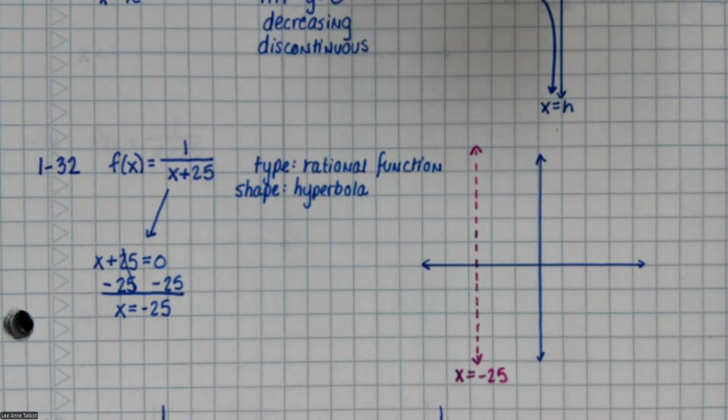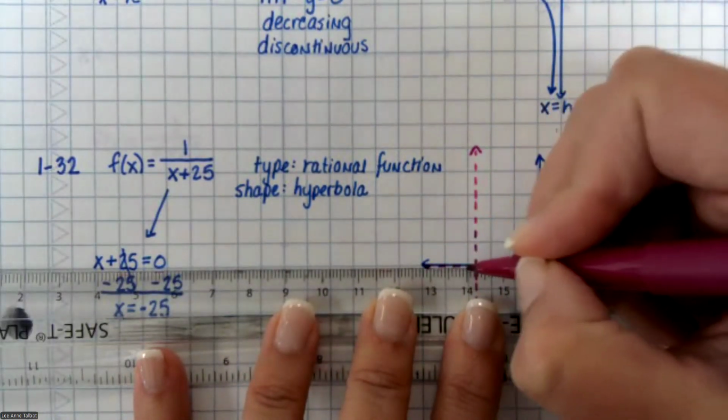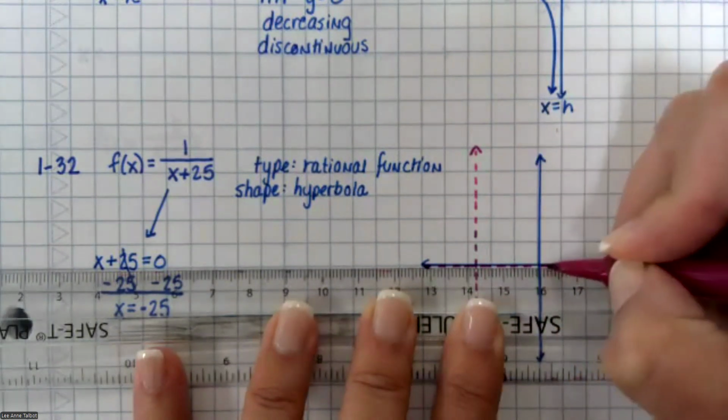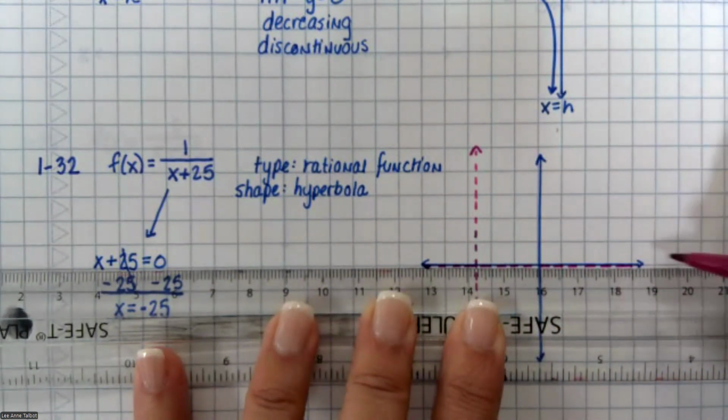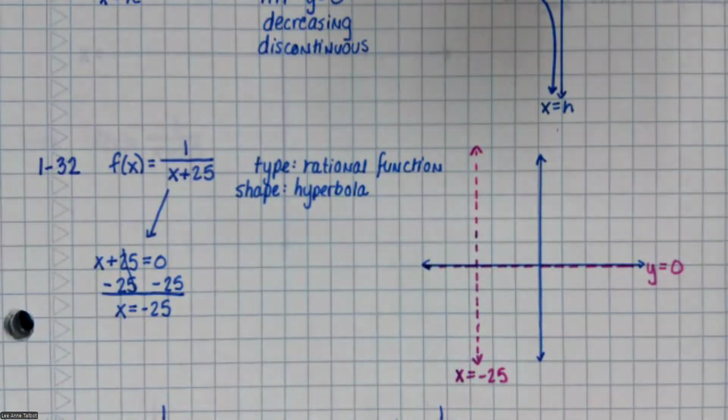Are you guys with me so far? Okay, now you're going to go over top of your x-axis with another dashed line and label that y equals 0. Okay, now we're going to say all the rest of the stuff and sketch in our curves.